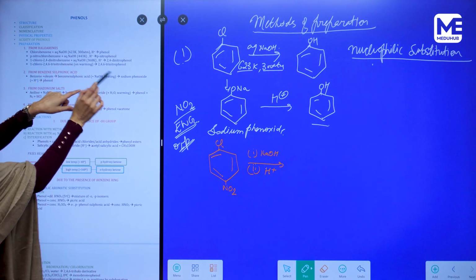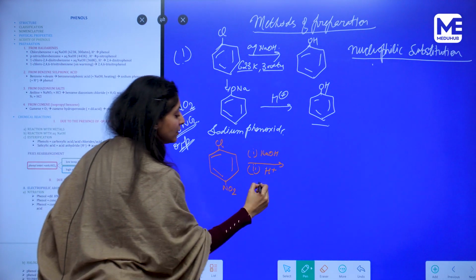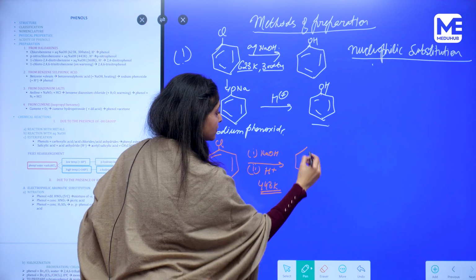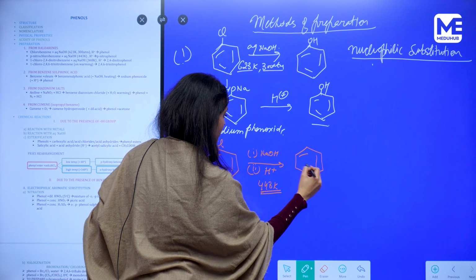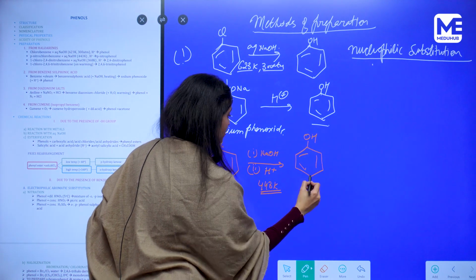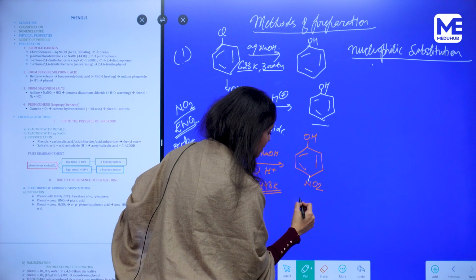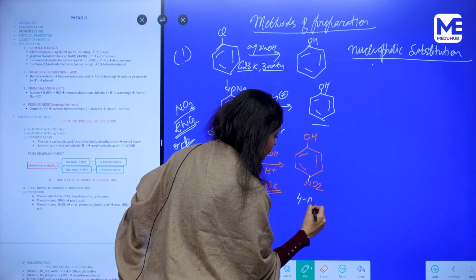So we only require a temperature of 443 Kelvin to give us the final product. OH, NO2. How will you name this? This will be 4-nitrophenol.